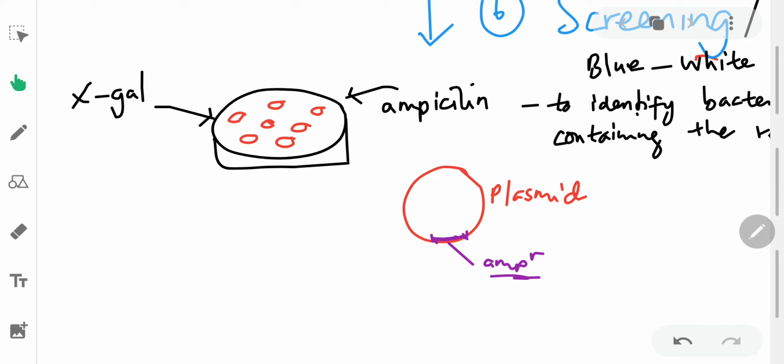Okay. Now, the problem is whether the plasmid has foreign DNA or not. Whether it has the target DNA or not. So what will happen?